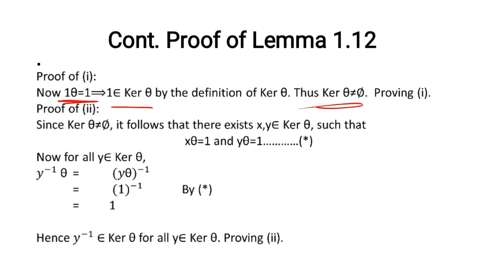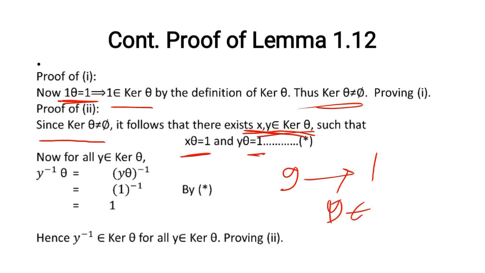So to prove 2, now we know it's not empty, it means we can find x and y in the kernel of theta. If x and y are in the kernel of theta, it means x is taken to 1 and y is taken to 1. Do you agree? Anything in the kernel, remember, is taken to 1. If g is mapped to 1, then g will be in the kernel of theta.